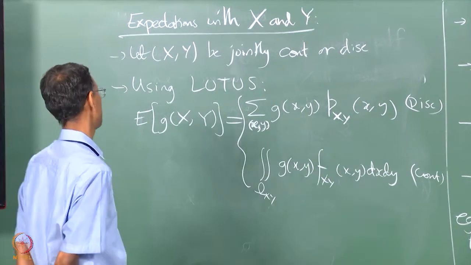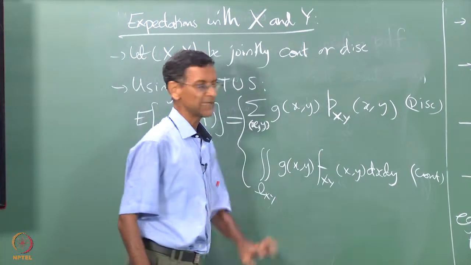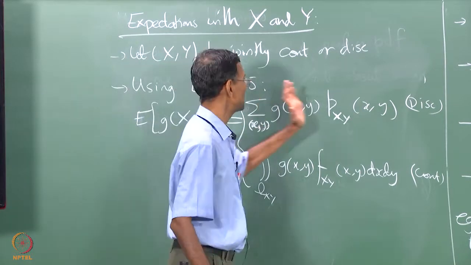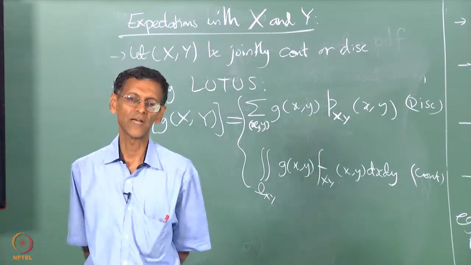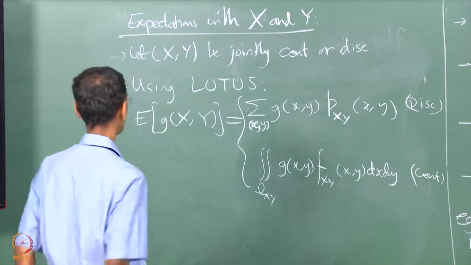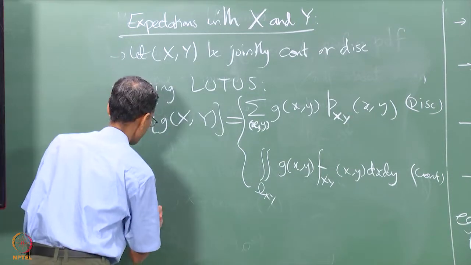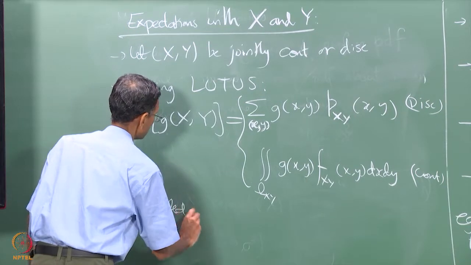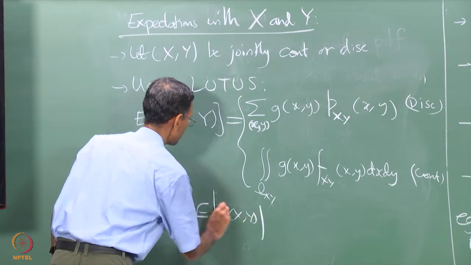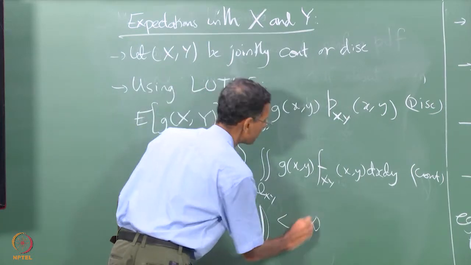Again these quantities on the right hand side make sense if and only if the result you get by putting the absolute value is finite. In other words, provided E of mod g of x, y, the absolute value of this function, is finite.